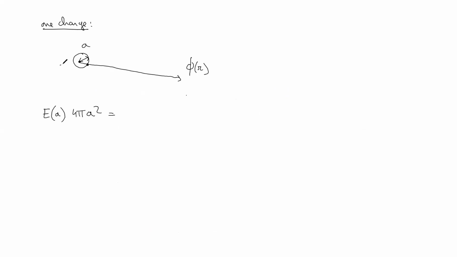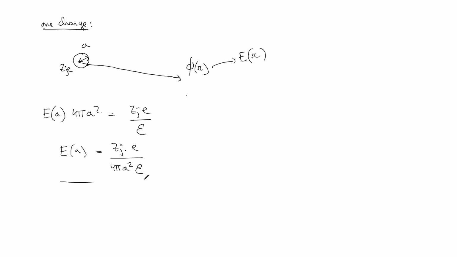So here it's a J-like object, so the charge is Zj times E. And thanks to the Gauss theorem, we have an epsilon here as well, meaning that I know the field at point A, which is the famous Coulombian potential at a distance A with a dependency in A squared. So now, if I know that guy apart from a prefactor, I can calculate E of R and make sure that when R goes to A, I recover that boundary condition. So it's the inner boundary condition of the problem.